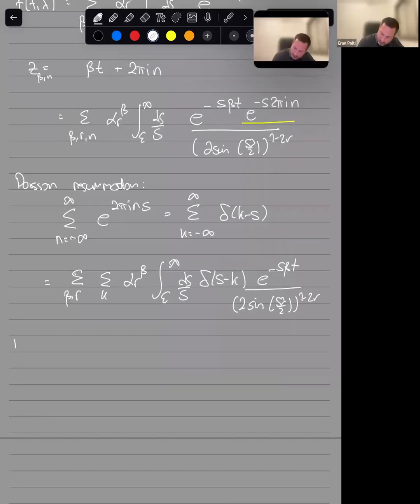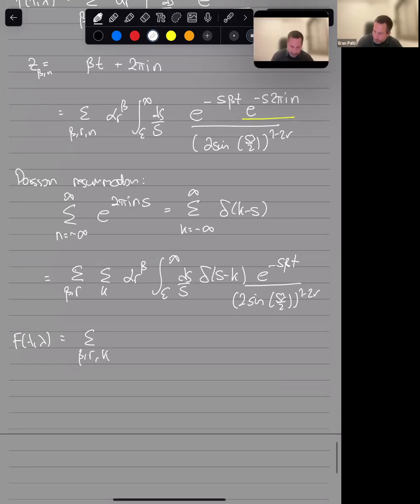So then we obtain the result that this is the sum over beta, r, and k of alpha r beta. And then we just evaluate at s equals k. So 1 over k e to the minus k beta t divided by 2 sine k lambda over 2 to the 2 minus 2r.